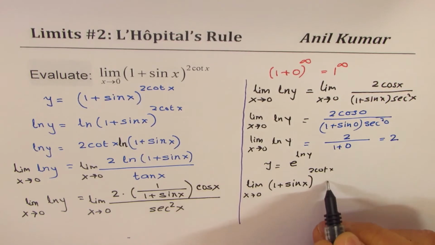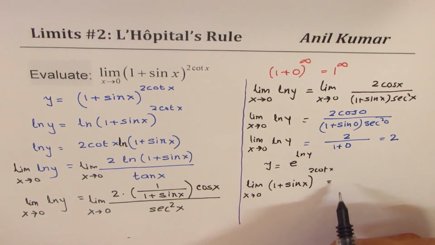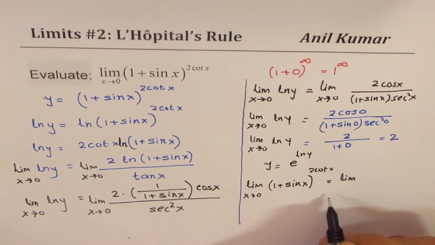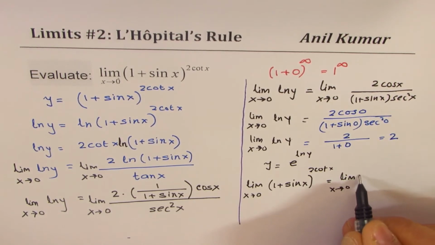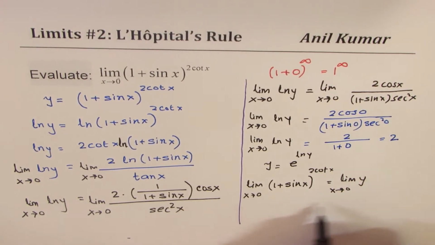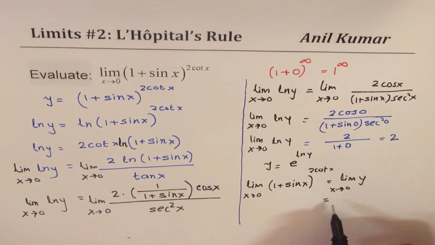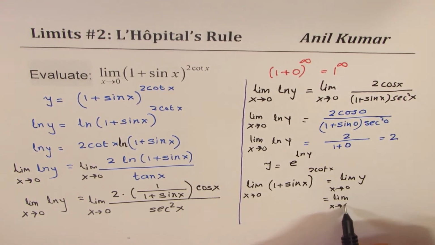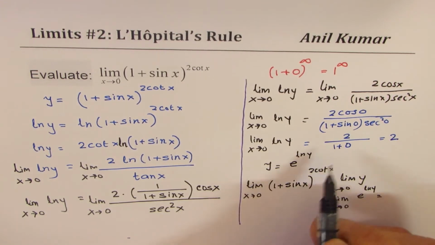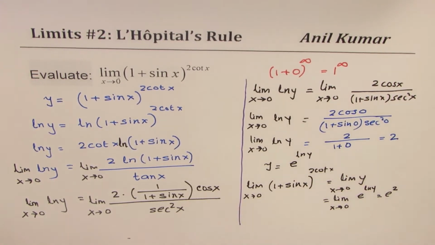It is equal to the limit of y itself. Is that okay? Which is the same as the limit as x approaches 0 of e to the power of ln y, correct? Which is, in our case, e square.